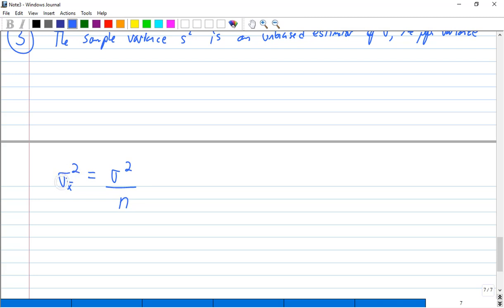How do I get to the standard deviation? I take the square root of the variance. So sigma sub x bar is equal to the square root of all of this. If I take the square root of the numerator, that's going to leave me with sigma, the standard deviation. If I take the square root of the denominator, that's just the square root of n.